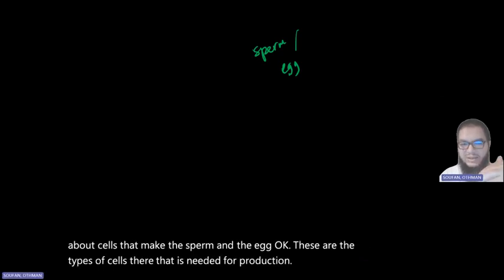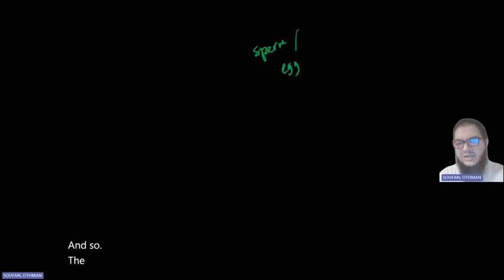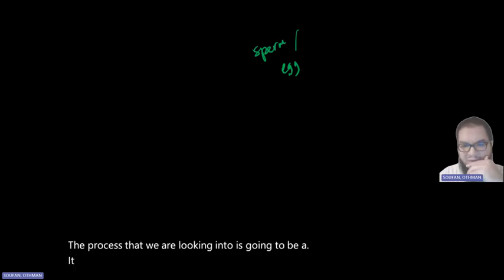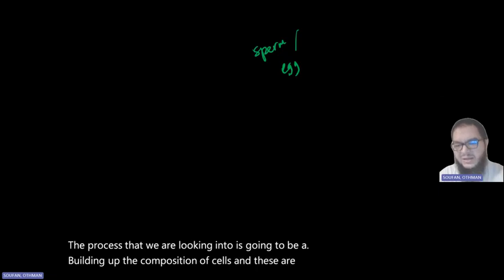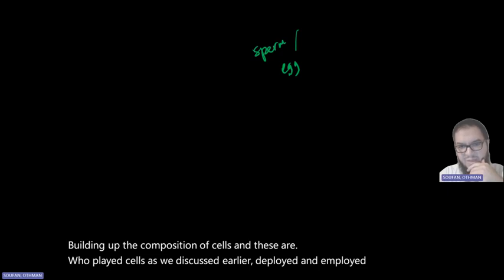And so the process that we are looking into is building up the composition of cells, and these are haploid cells, as we discussed earlier, diploid and haploid cells.